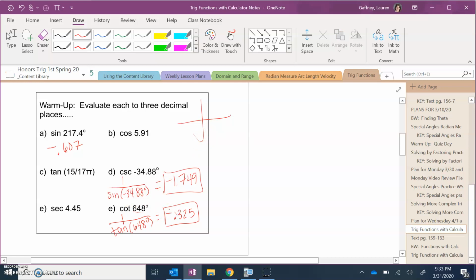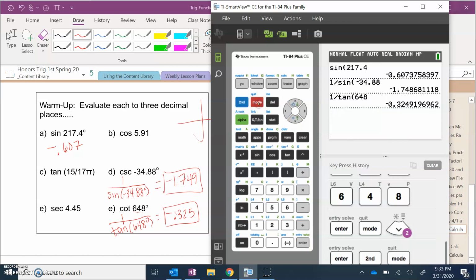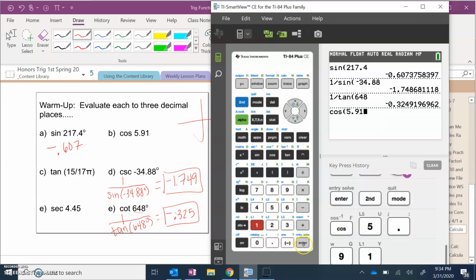Okay, so now to do the ones in radians. Let's go back here to our mode, scroll down, and now we want to blacken radian, and then second quit to get out of that. So now let's do all the ones in radians. So cosine 5.91, 0.931.